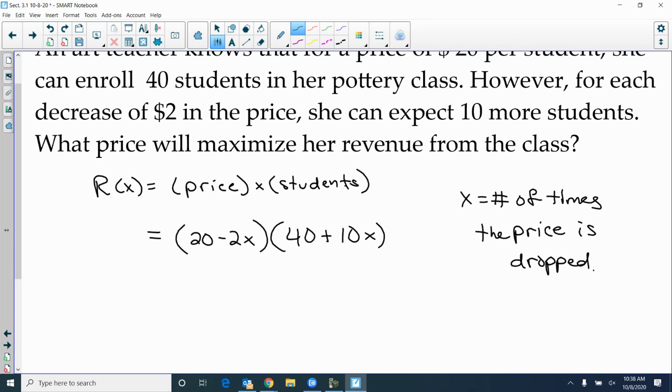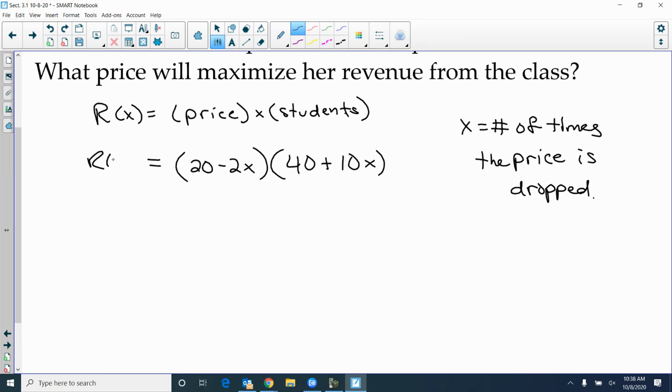We want to maximize the revenue. We want the highest revenue. Well, if you look at this, if we FOIL this together, will we get an x squared? Yeah. Okay, so FOIL this together. R of x equals, what do I get?